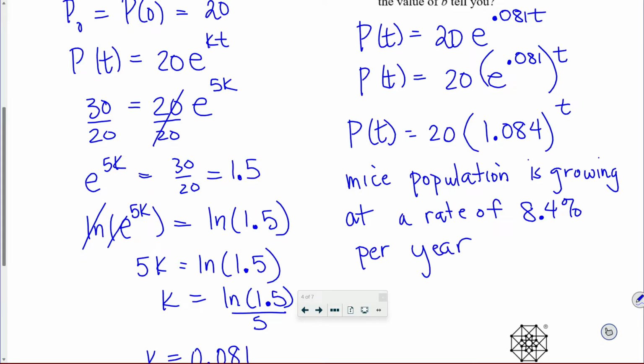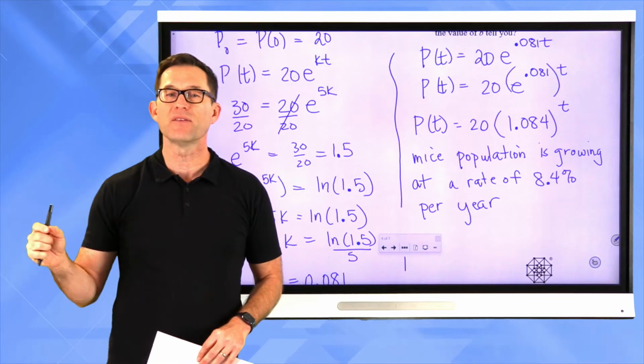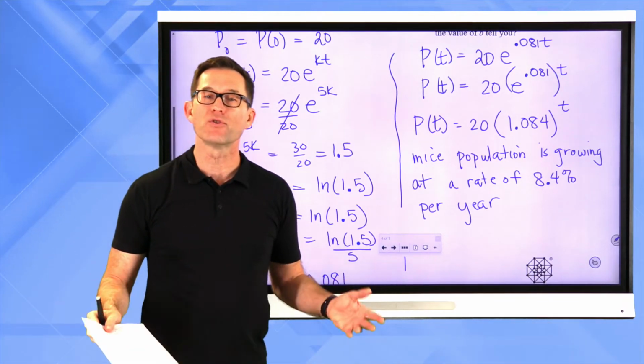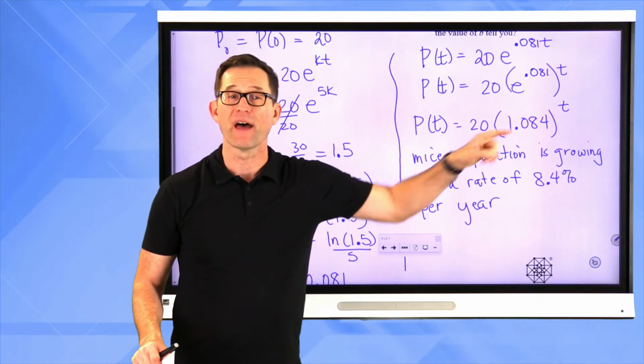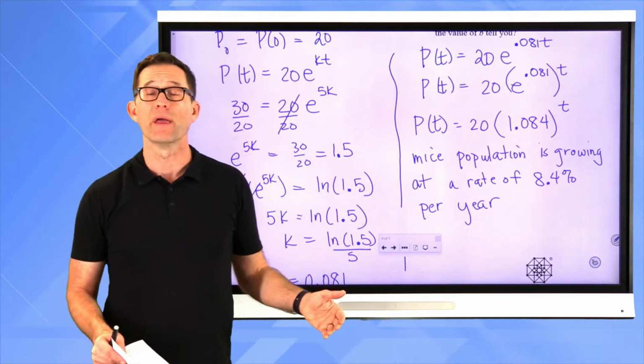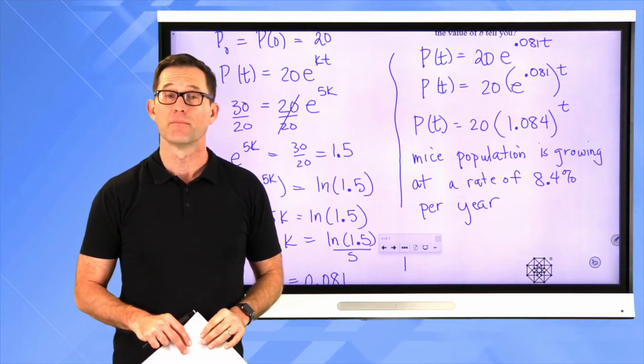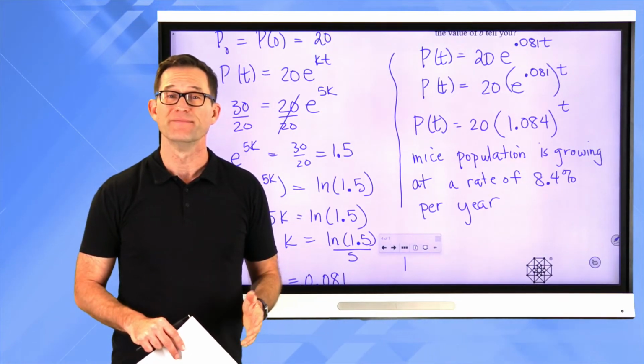So as long as we've got our model written as something times b to the t, we should be able to interpret it as a percentage growth rate per unit of that time. So we're growing at a rate of 8.4% per year. All right, let's keep going.